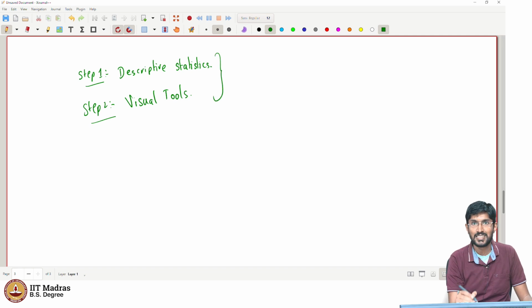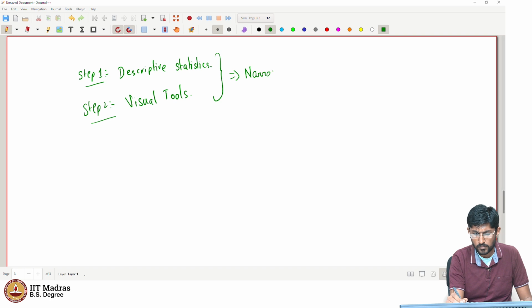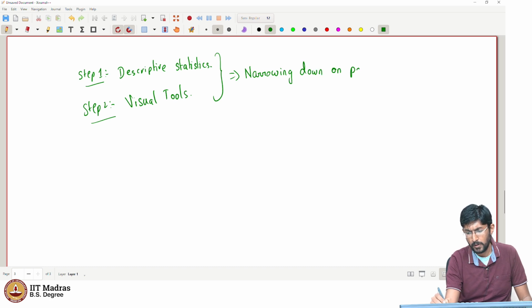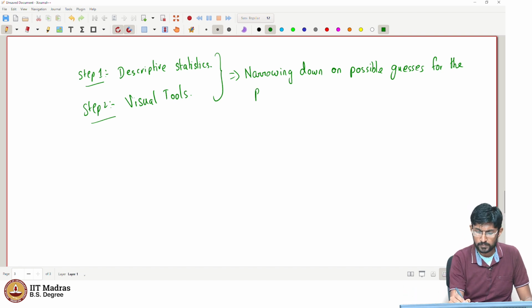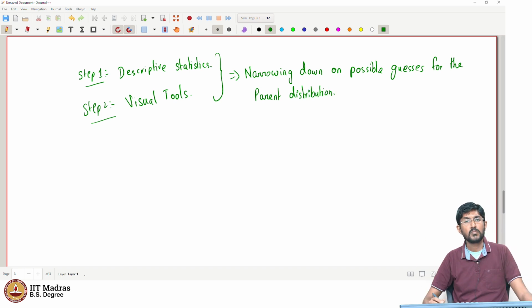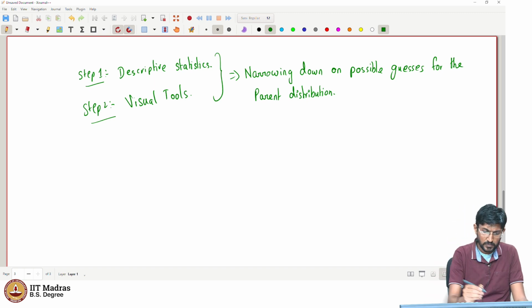So both these steps primarily focus on narrowing down on possible guesses for the parent distribution. That is step 1 and step 2.